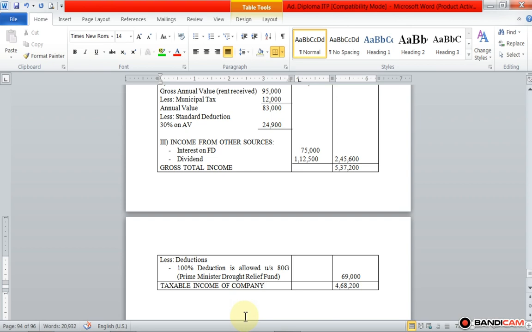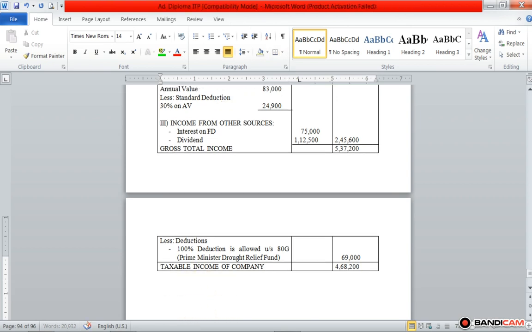Now we compute the tax liability of the company. First of all, the tax on income of a company is 30% for a foreign company and 25% for a domestic company.